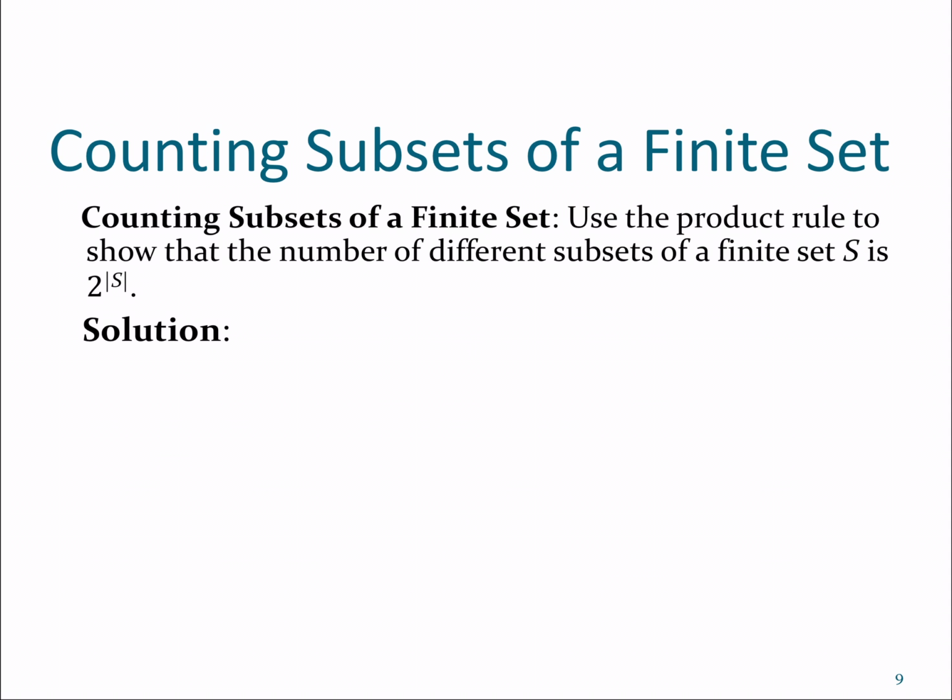Use the product rule to show that the number of different subsets of a finite set S is 2 to the power of the cardinality of S. So for this, we can think of a set with elements, let's say from A1 to AN. And we can consider, when we are constructing a subset, we can look at each one of the elements.